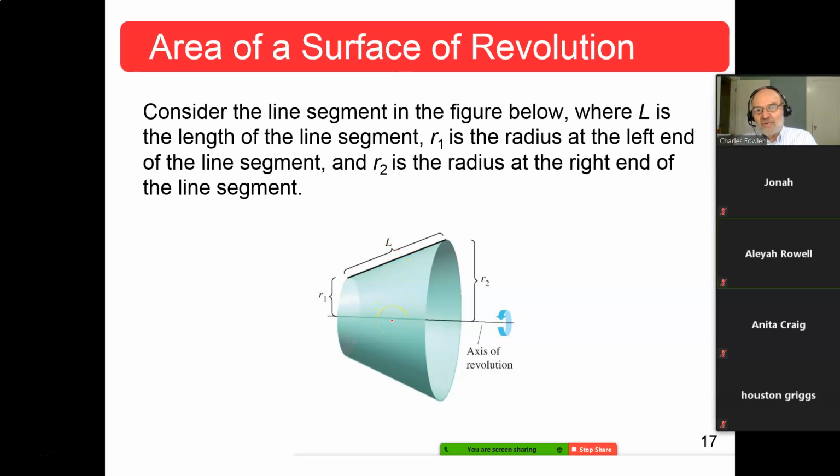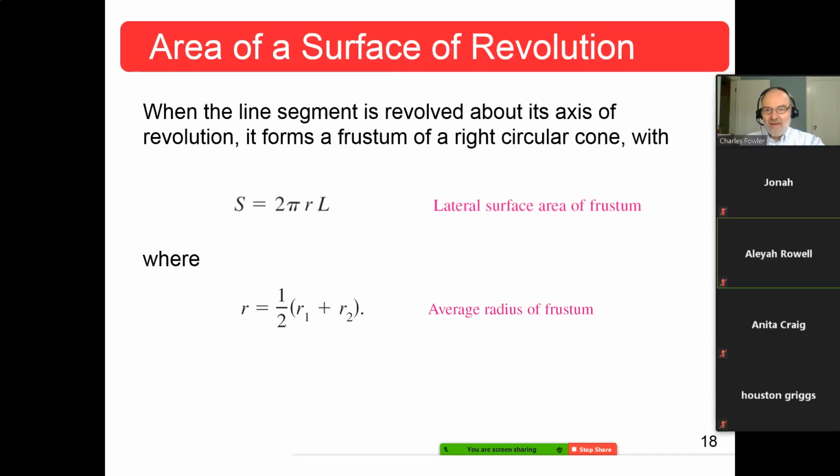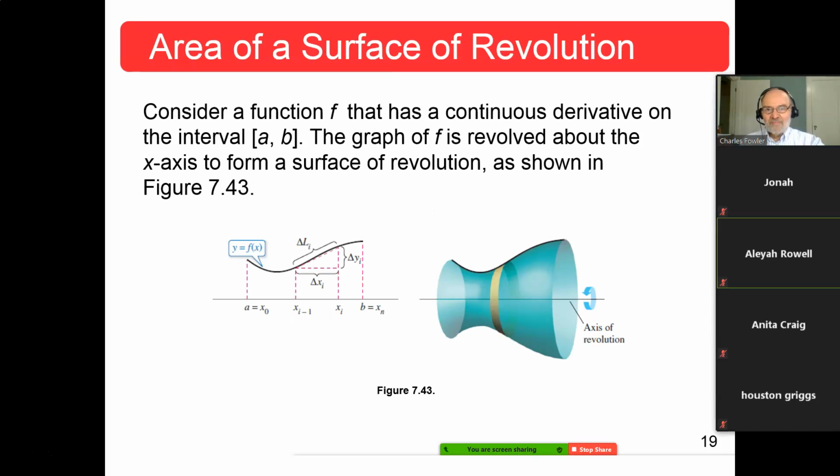So you're assuming that you have a length and you're going around a circumference, of that radius R, and that gives you your surface, okay? A length times another length, radius, gives you an area, okay? So your R is your average between the two endpoints.